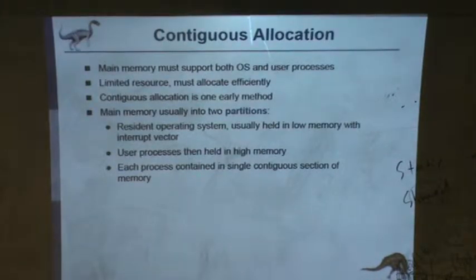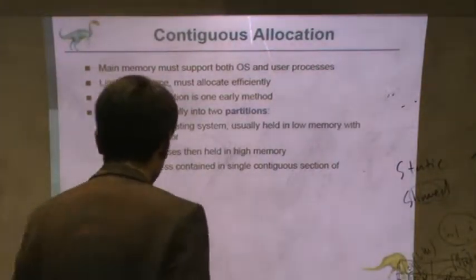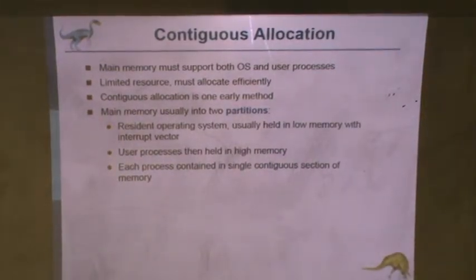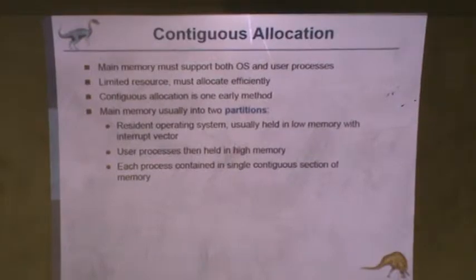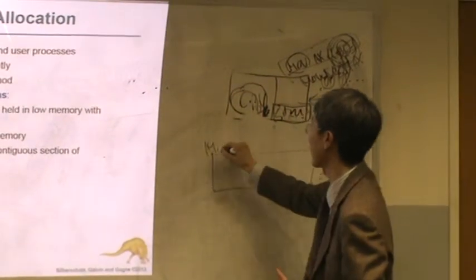So first we are going to see how to allocate the memory space to the process. Ideally, if we can have continuous memory space, that will be easier. Which means this is the memory, 0 to 1 megabyte.